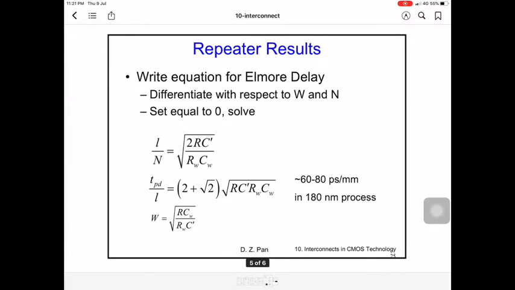The size of the repeater or the inverter is known as W, and W is related to RW, the resistance of the wire, and CW, the capacitance of the wire, and the resistance of the transistor in the inverter, and the capacitance of the inverter or the repeater. So you can put this together and square root them.